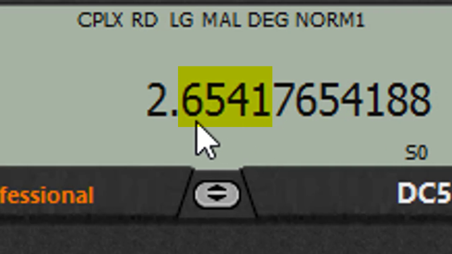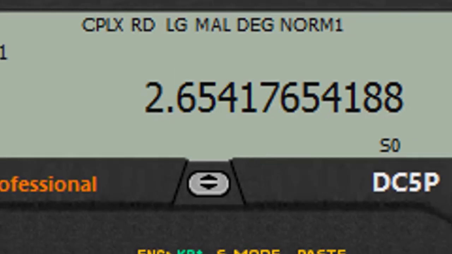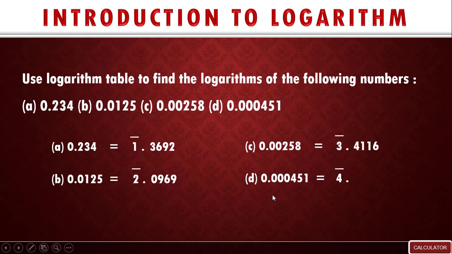So that means the mantissa that we need will be 6, 5, 4, 2. So the log of this number 0.000451 will be bar 4.6542.